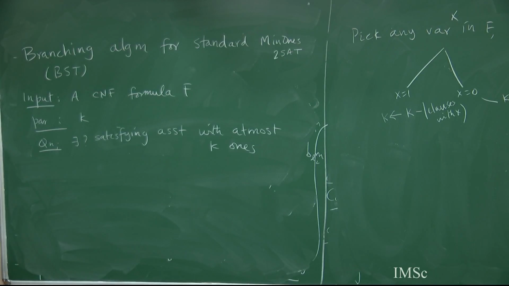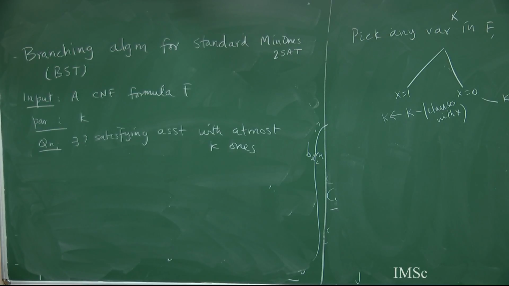So now I have a 2-CNF formula, and what am I interested in? I want a satisfying assignment. It has to satisfy every clause, but you are allowed to pick at most k of them to be 1.